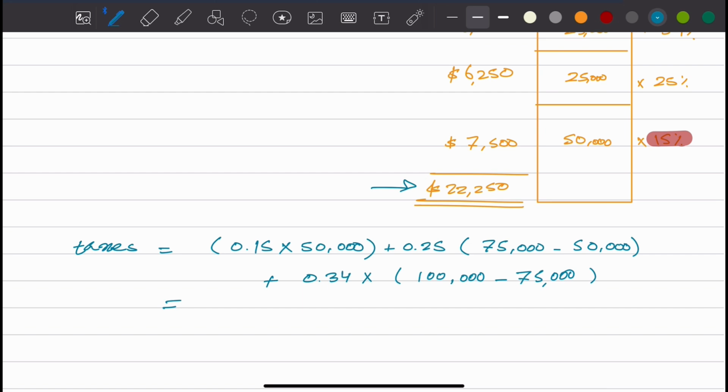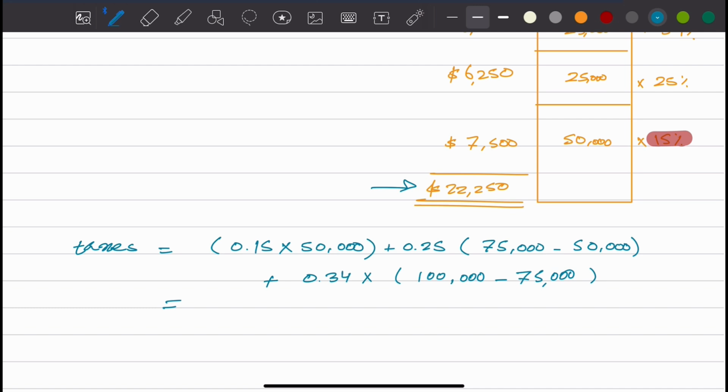So I'll open a bracket on my calculator, 0.15 multiplied by 50,000, close the bracket, plus 0.25 multiplied by another bracket, 75,000 minus 50,000, close the bracket, and then plus 0.34 multiplied by, open the last bracket, 100,000 minus 75,000.